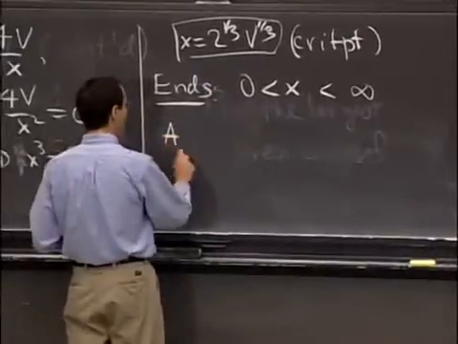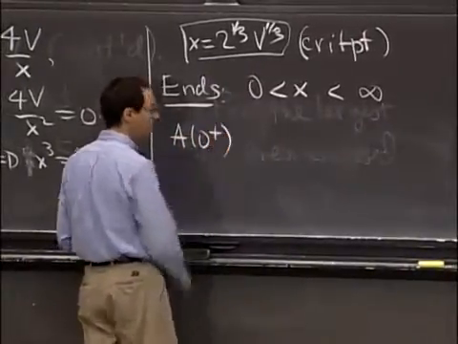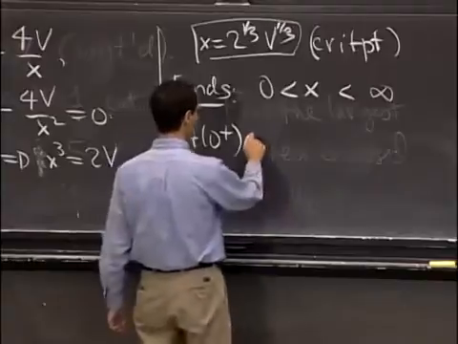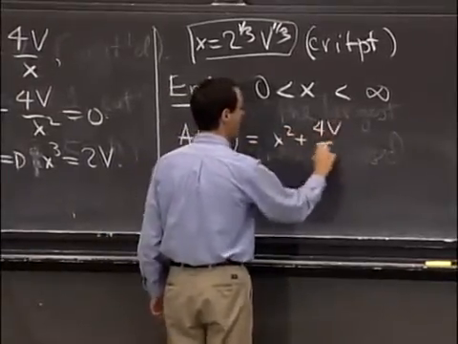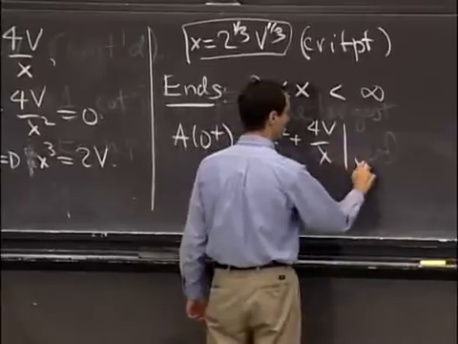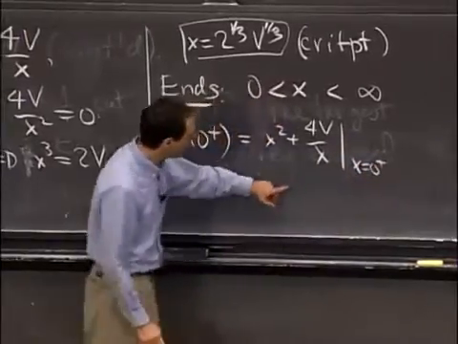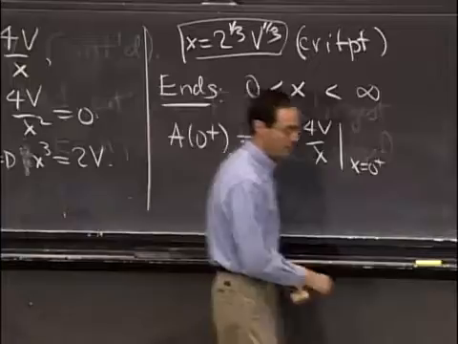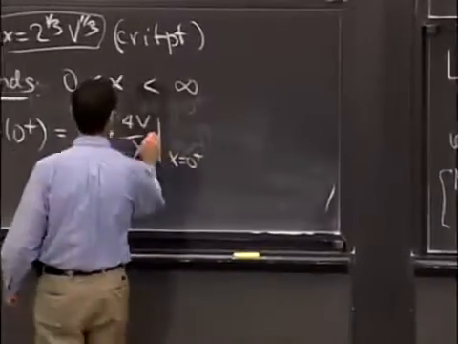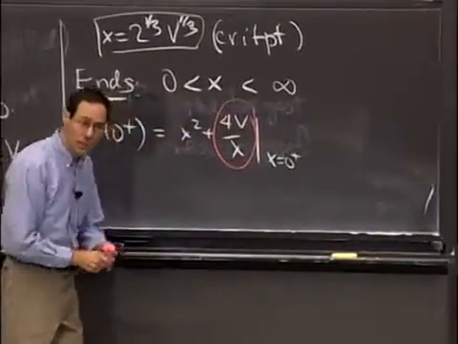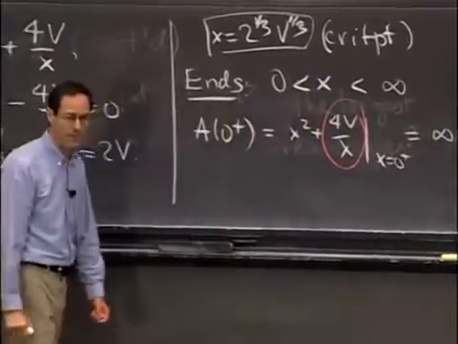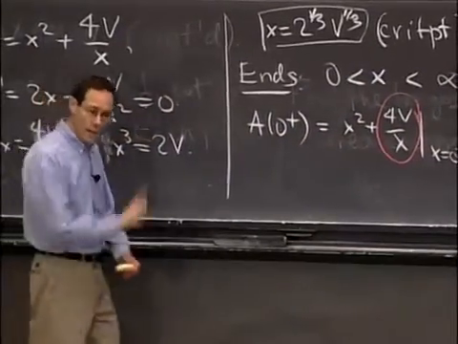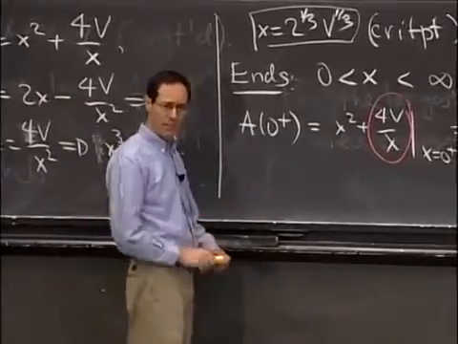So we're looking at a at 0 plus, and that's x squared plus 4v over x with x at 0 plus. So what happens to that? Notice right here, this is going to infinity. So this is infinite. So that turns out to be a bad box.